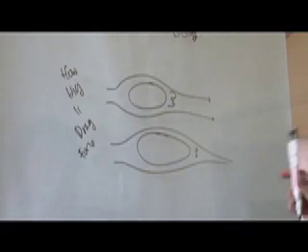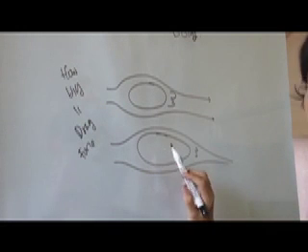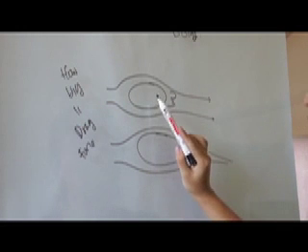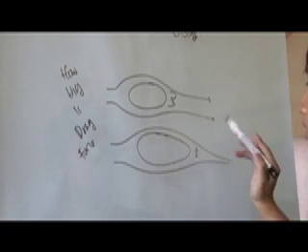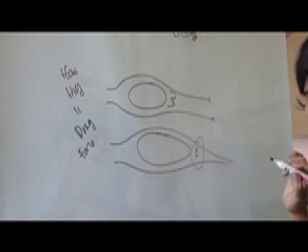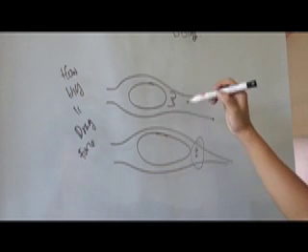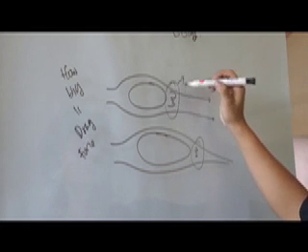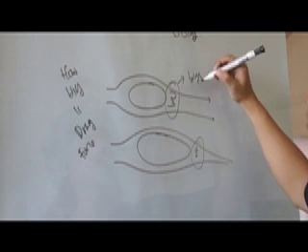As you can see, this is a streamlined body and this is an unstreamlined body. The streamlined body has a smaller vortex than the unstreamlined body, which has a bigger vortex.